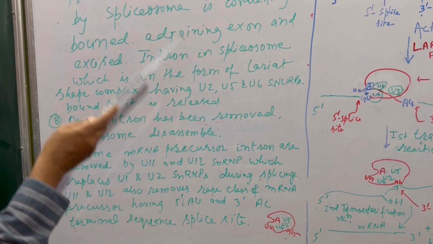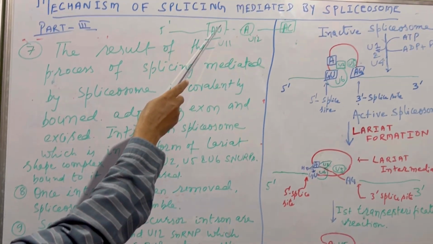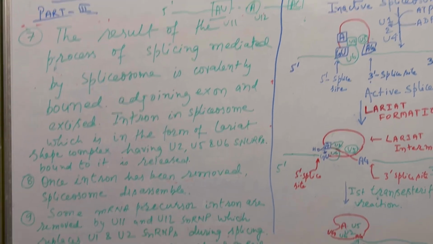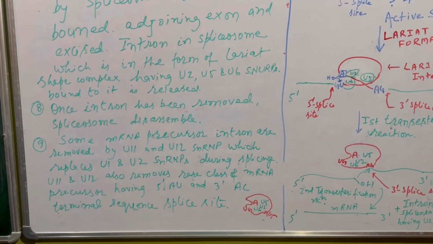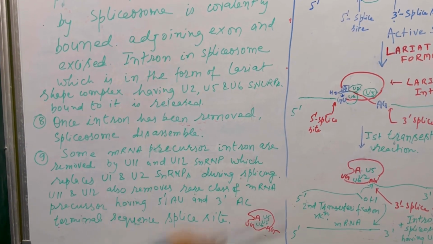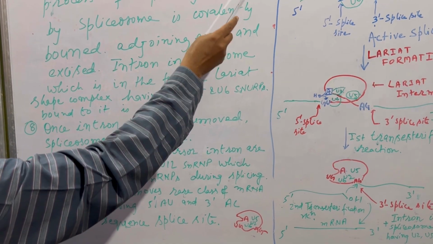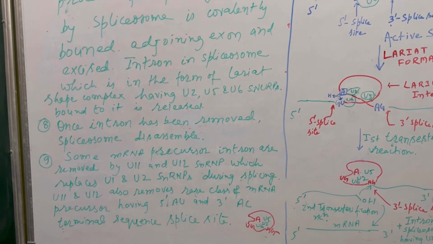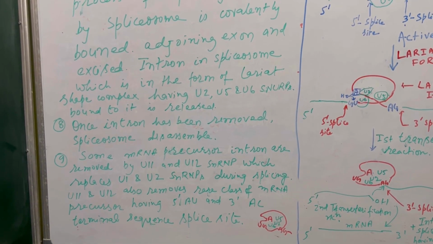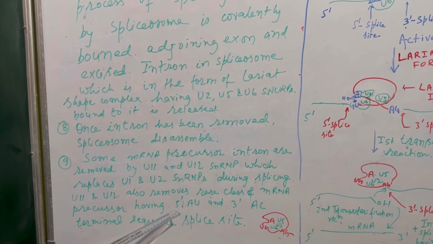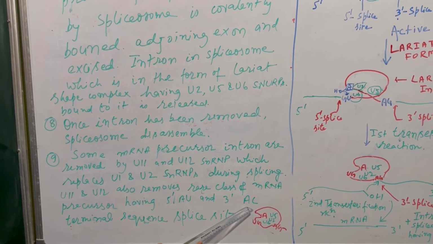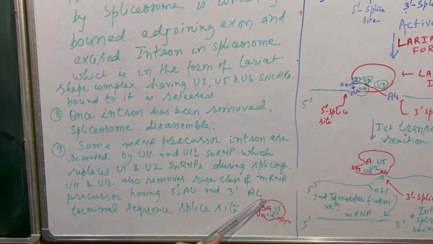As you know, U1 goes to the 5' end when it is GU, and U2 goes to the adenine branch site in normal mRNA. But here if you have AU, U1 will be replaced by U11 and U2 will be replaced by U12. And which mRNA? Yes, specific, you have a nucleotide which determines this. The nucleotides are AU at the 5' end, and at the 3' end you have the AC dinucleotide.